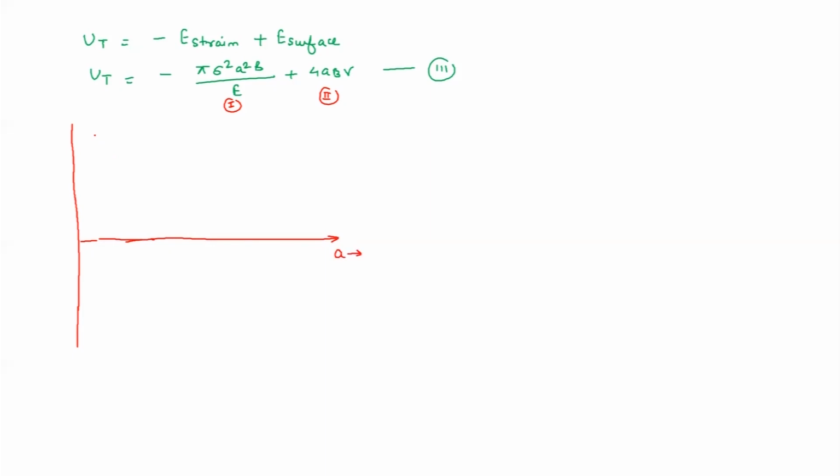It's a parabola, a negative value, and the axis is A equal to 0. So it is going to look something like this, with the axis being the Y axis. So this is your E strain, and this is a parabola.